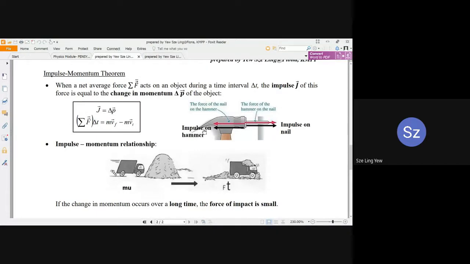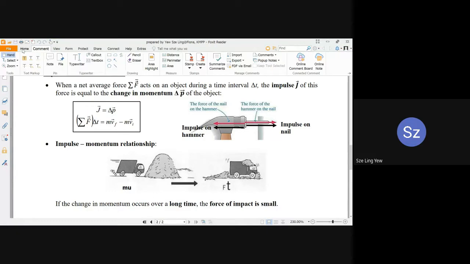So impulse is in two directions, and you have to read the questions carefully. See which impulse the question is asking for. Sometimes the question can ask for impulse on the hammer. Sometimes questions can ask for impulse on the nail. So what is the difference between these two things? It is the direction.